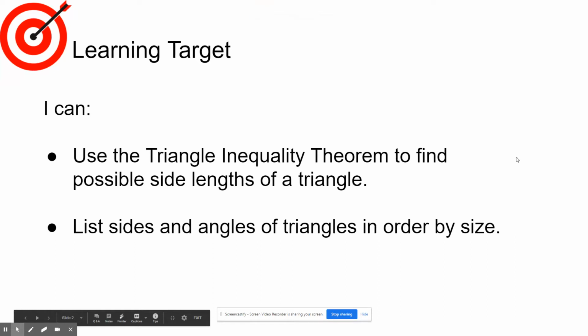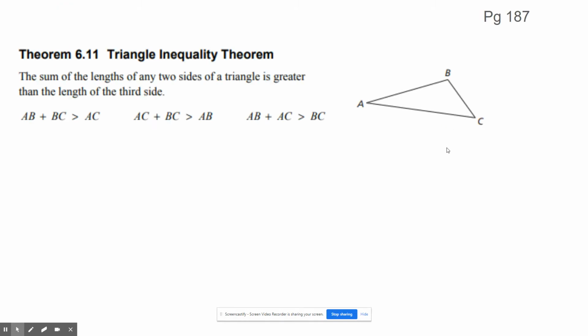In this first lesson 6.5 video, we're going to be using the triangle inequality theorem to find possible side lengths of a triangle. Earlier we did an exploration on this theorem, but let's remind ourselves of what it is. The triangle inequality theorem states that the sum of the lengths of any two sides of a triangle has to be greater than the length of the third side.